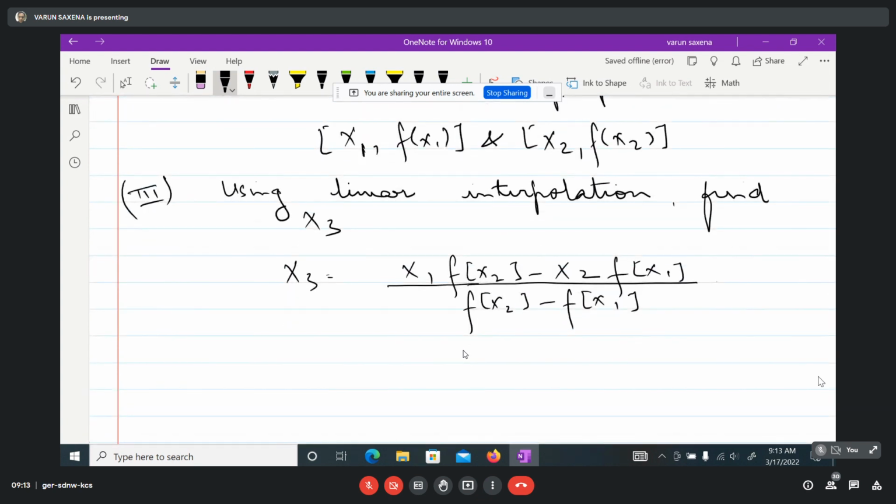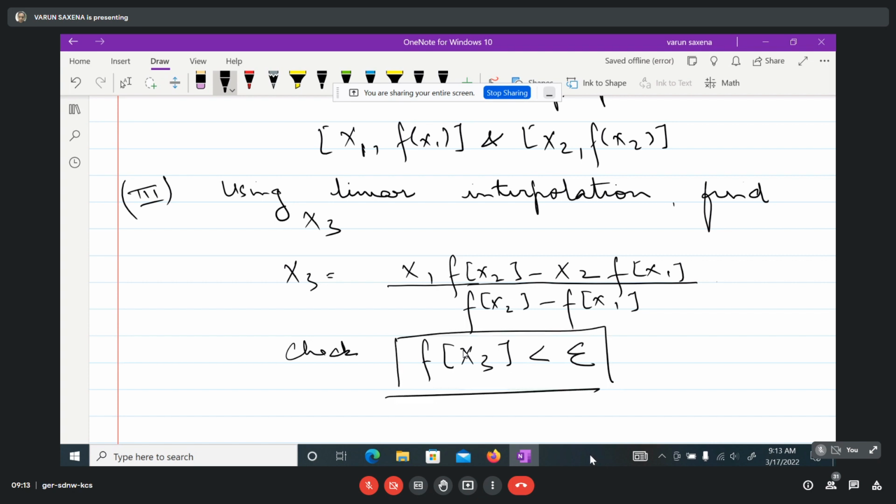Once you find this value, you can check f(x3) is less than epsilon. In this case, probably this would be the best thing to check, not x1 minus x2 less than epsilon. This is the condition to check in this case.